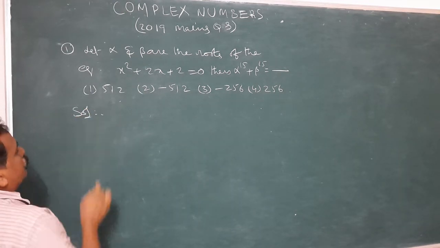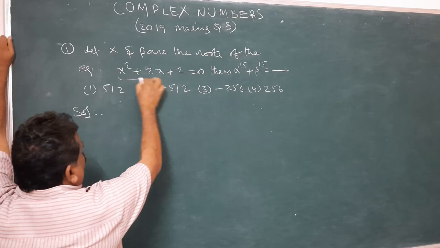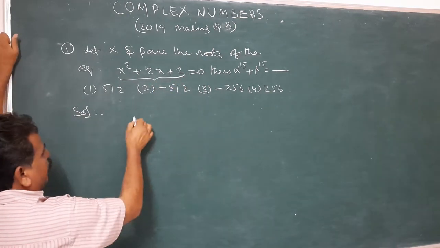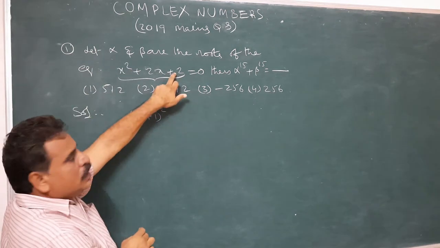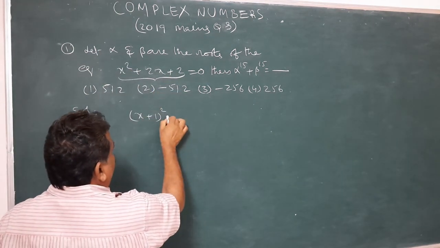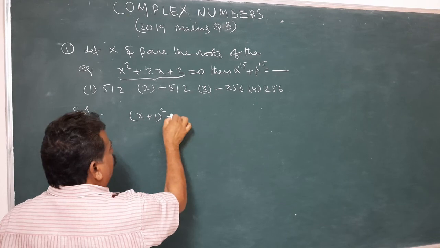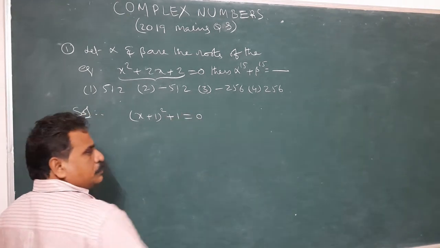Now, solution. X square plus 2x plus 2 can be written as x plus 1 whole square plus 1 equal to 0. If you take that plus 1 to that side, that becomes minus 1.